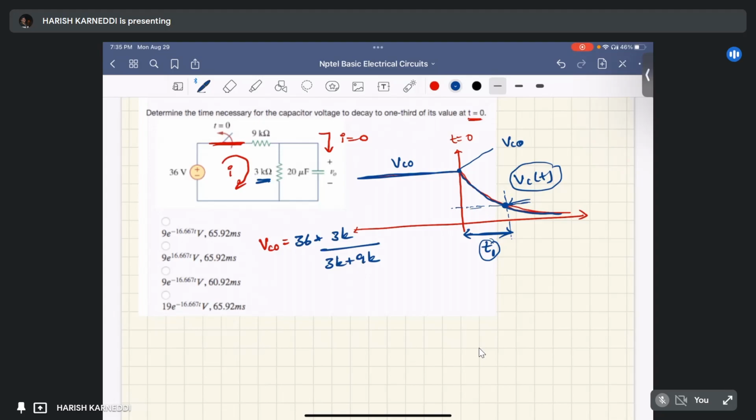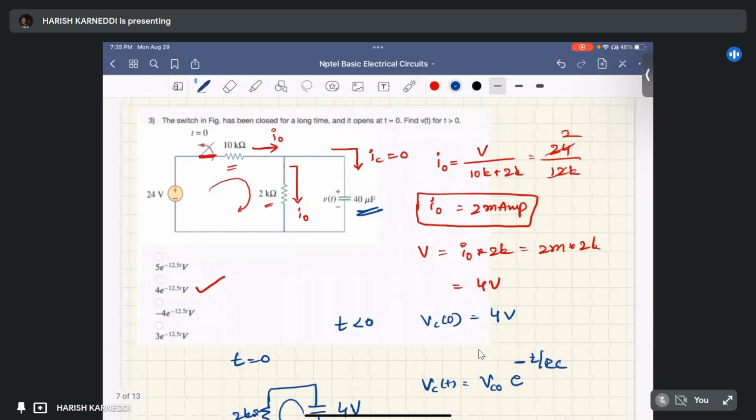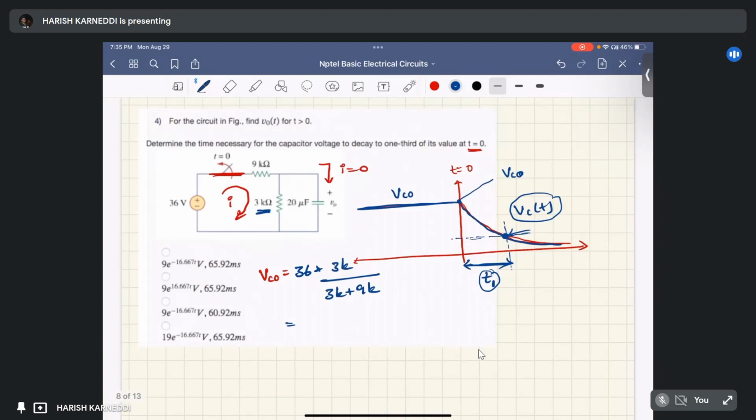In the previous case I followed the conventional process, so to reduce the number of steps I move to the voltage divider rule. That is 36 into 3 by 3 plus 9, which is 9 volts. So Vc0 equals 9 volts.